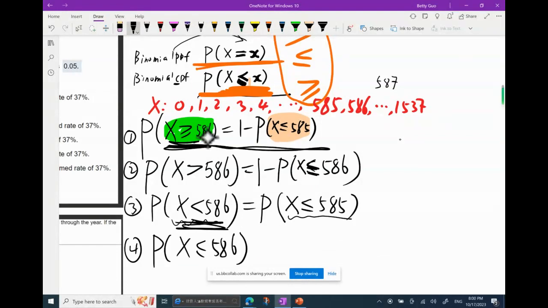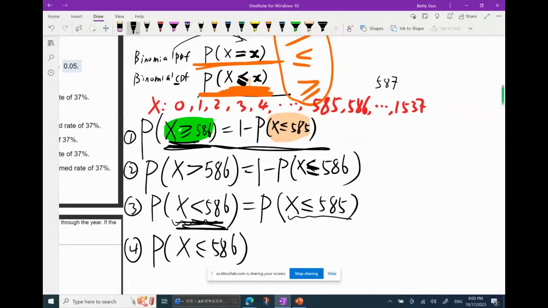It wasn't your fault. I just misread it. I thought you put x is greater than or equal to 585, and then on the second half x is less than or equal to 585. That's what I thought you put, but it's 586. So I just misread it.